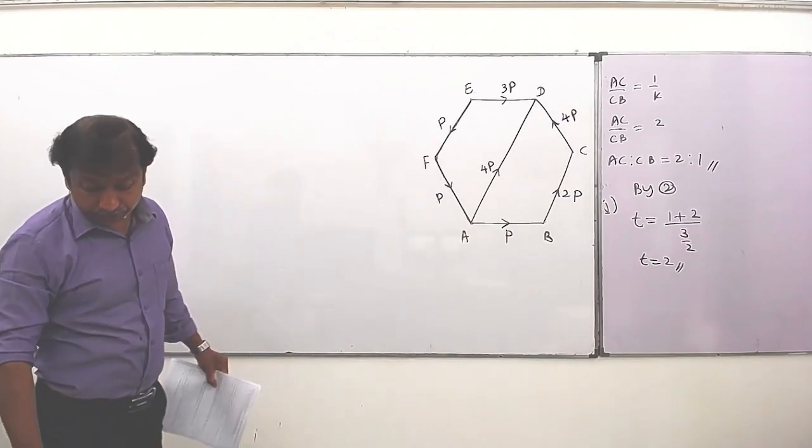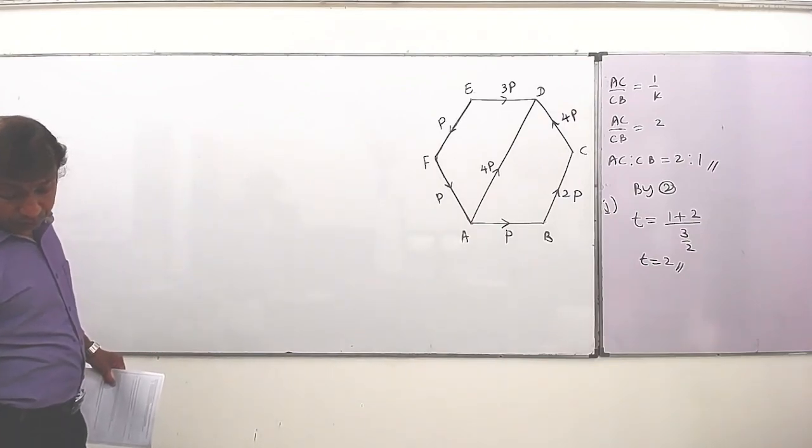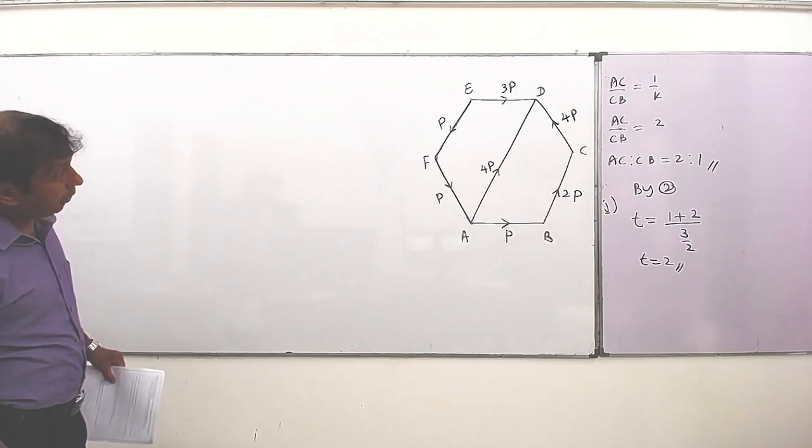Right? This is how we get P, 2P, 4P, 3P, P, P and 4P.